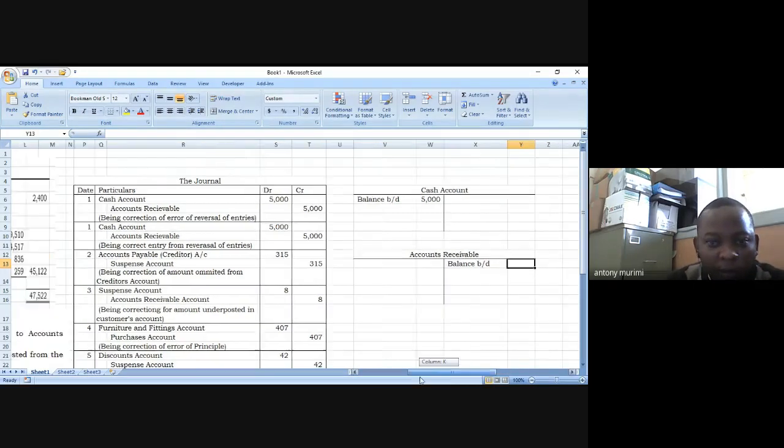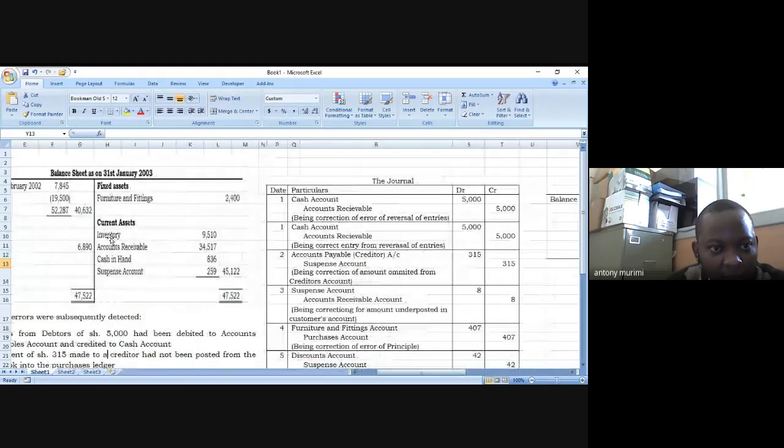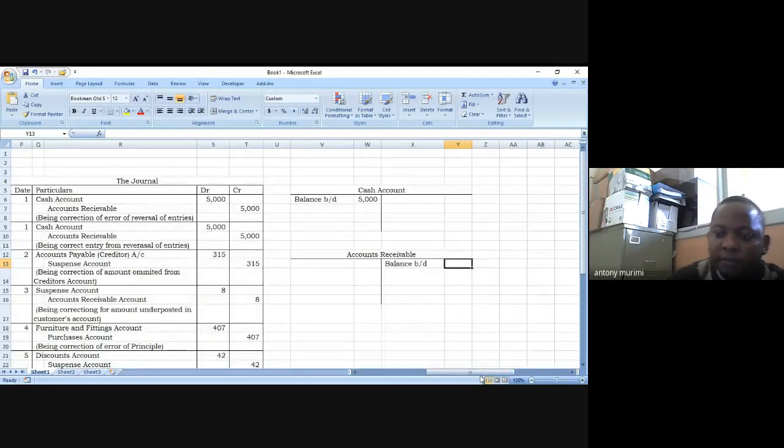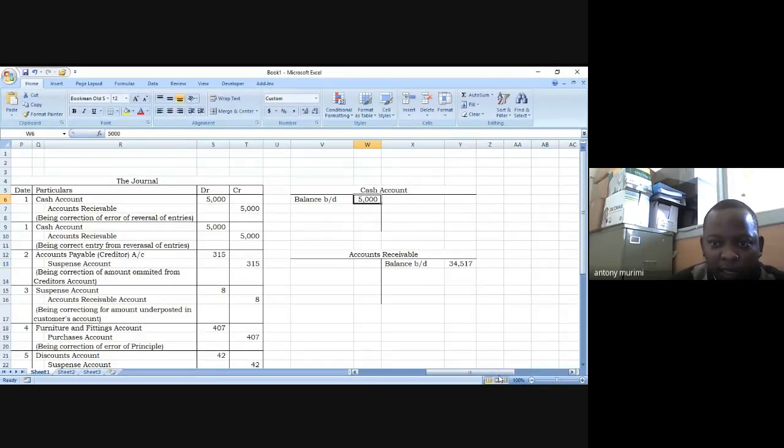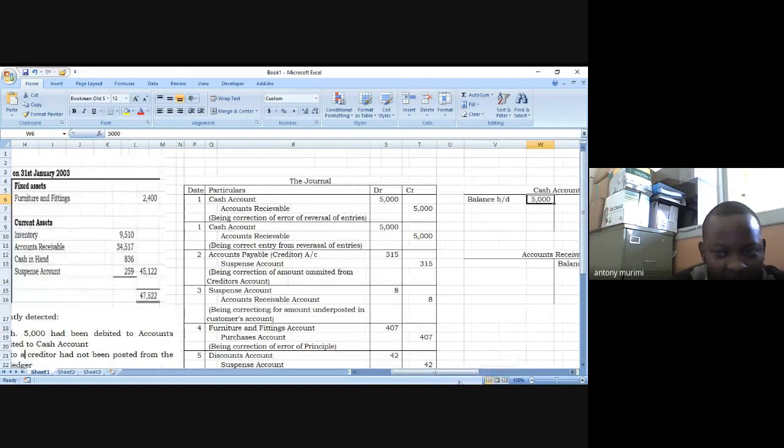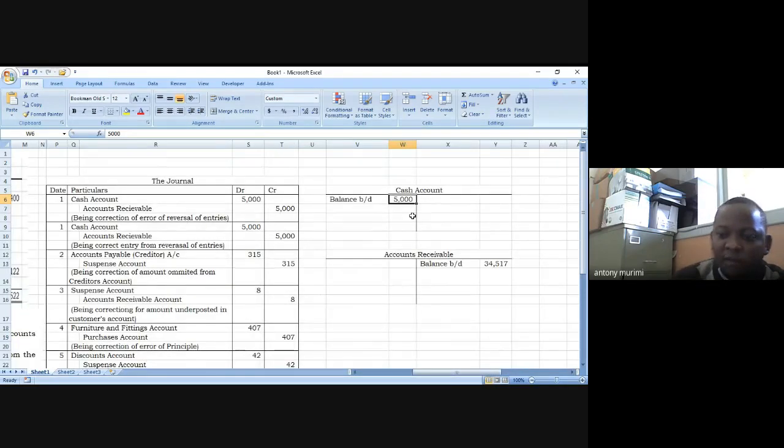So accounts receivable, you have seen the balance in the current assets being 34,517. I had made a mistake in the cash account. The balance brought down for cash is 836, not 5,000.